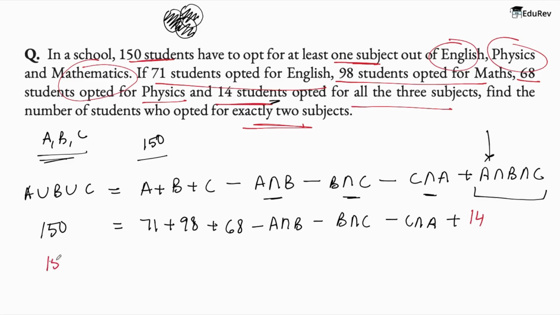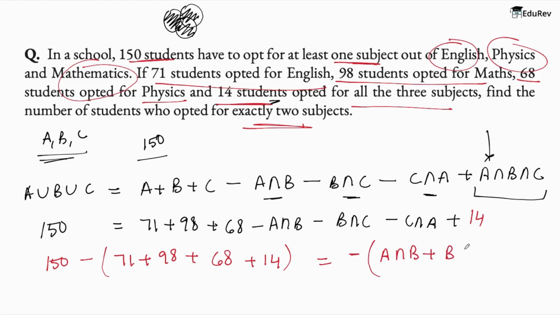So that means it will be 150 minus 71 plus 98 plus 68 plus 14 equal to negative of A intersection B plus B intersection C plus C intersection A. So this is your intersection. So this will be what? This will be your 251.